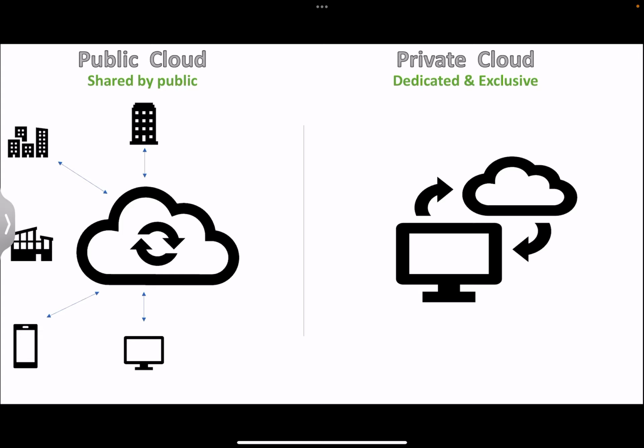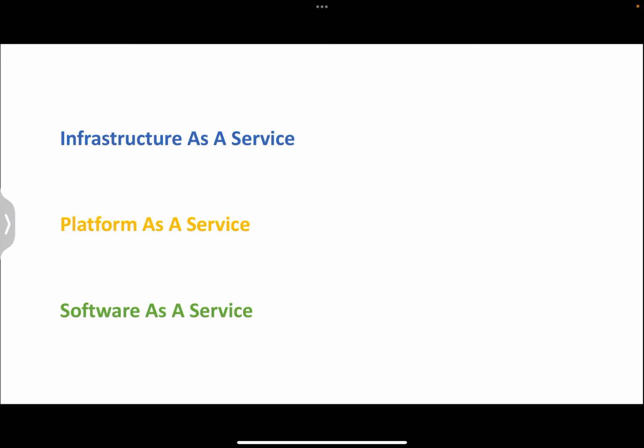Now, let's move on to another kind of demarcation based on the cloud service offerings. They are infrastructure as a service or IaaS, platform as a service or PaaS, software as a service or SaaS.